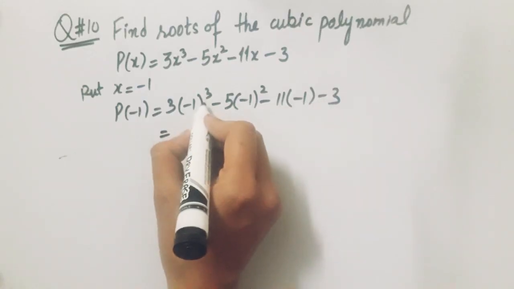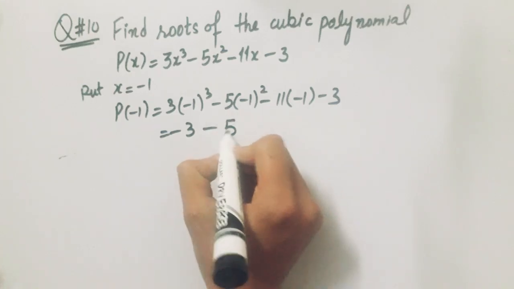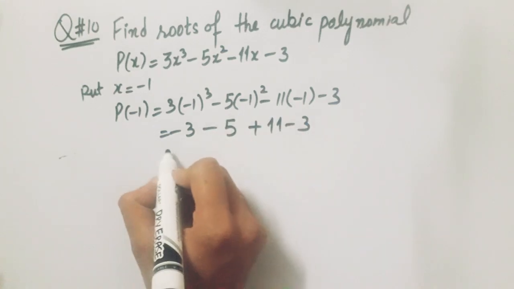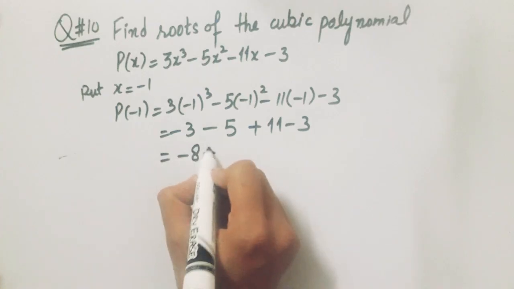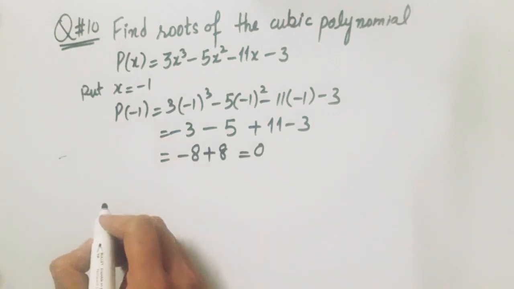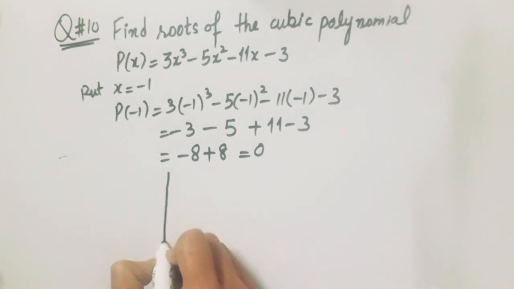So -1 cube is -1 into 3 is -3 minus 5 plus 11 and minus 3. So this is equal to -8 plus 8, which is equal to 0. So -1 is a root of this. Now by synthetic division we will solve this further.